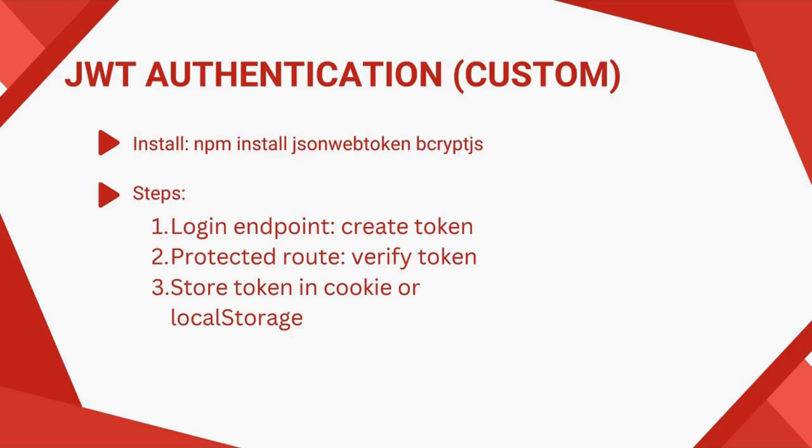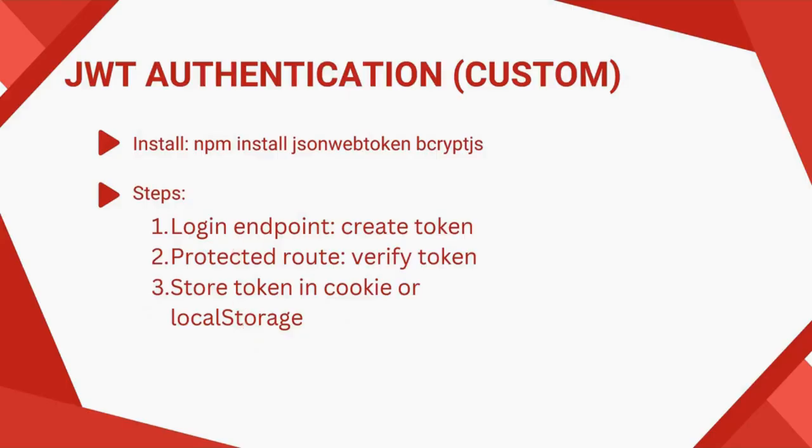First, the login endpoint creates a token: after verification, the user generates the token with the user ID. Second, protect routes by verifying the token: decode the token on private routes to verify the user ID. Third, store the token in cookies or local storage, so the client can use it for future requests. If needed for requests, we can store it in local storage.